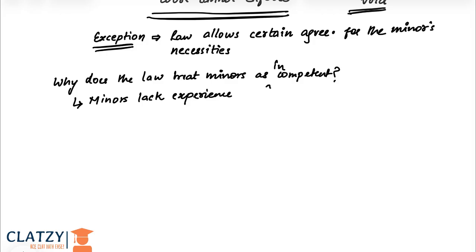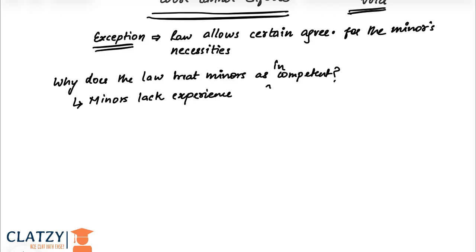If you do an agreement with a 15-year-old boy, what the law deems is that the 15-year-old boy is not capable of understanding what that agreement is about. Neither the contents of the agreement nor the consequences. What will happen once the agreement is signed.